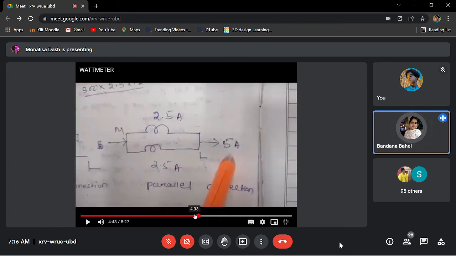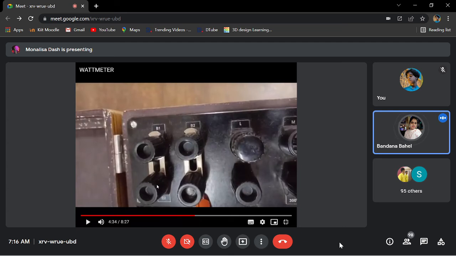This setting is shown physically in the diagram. There are 4 terminals, your B1, B2, E1, E2. If they are in series, then we take the lower current value, 2.5. If in parallel, we take the higher value. See these 4 terminals B1, B2, E1, E2. Right now this one is parallel.